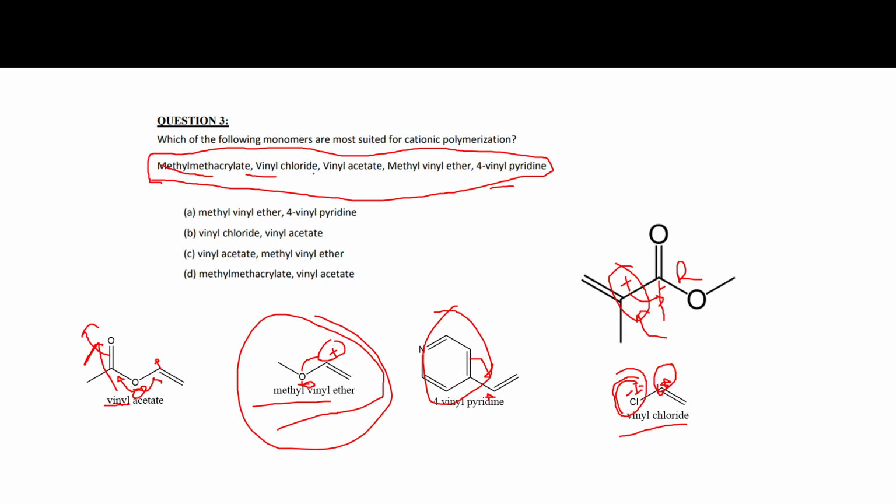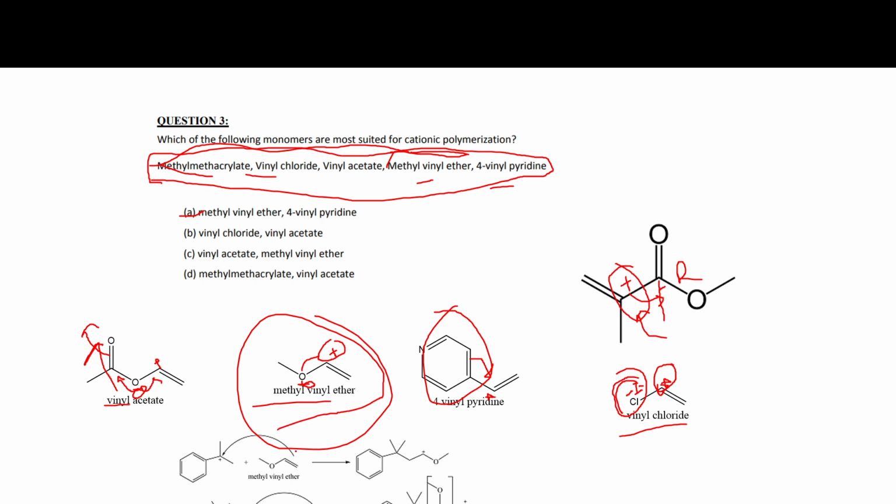So among these, the first four, up to vinyl acetate, do not stabilize your carbocation at all, but methyl vinyl ether and 4-vinyl pyridine will stabilize it. When polymerization takes place, if the carbocation is stabilized, it is more favorable for cationic polymerization. So what should be your right answer? The right answer should be methyl vinyl ether and 4-vinyl pyridine.